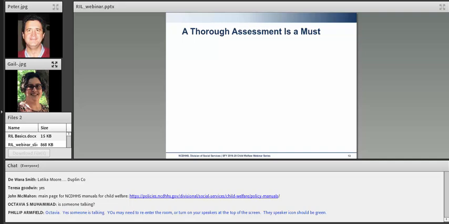So the second piece, once you've got a good intake and you've made a really good decision about what direction the case is going to go in, is a good thorough assessment. What does that look like? Again, it starts with a timely and a thorough initiation.